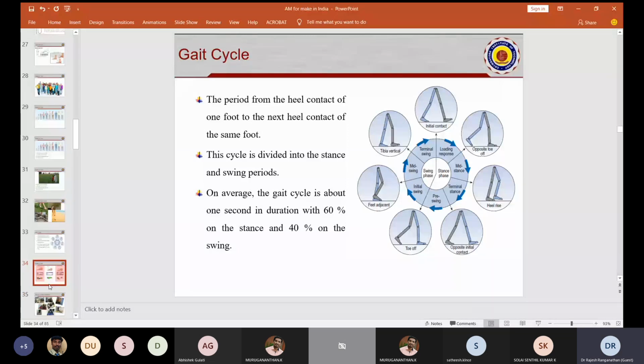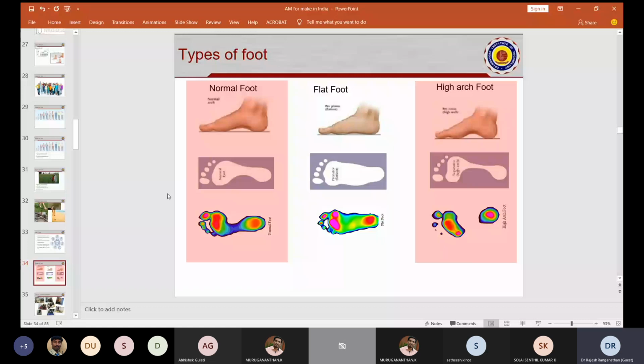And looking at the types of foot, these are the various types of foot. In this particular work, we wanted to know the static and dynamic loading, because that is the one important parameter which defines the amount of load taken by the foot. So in order to understand the static and dynamic loading, we started measuring the pressure points under the foot.